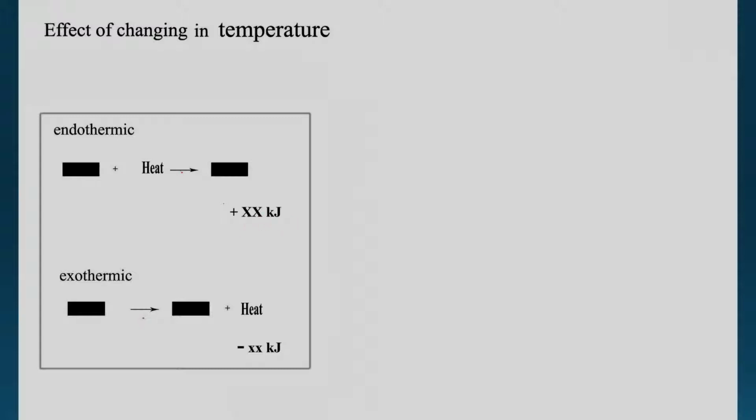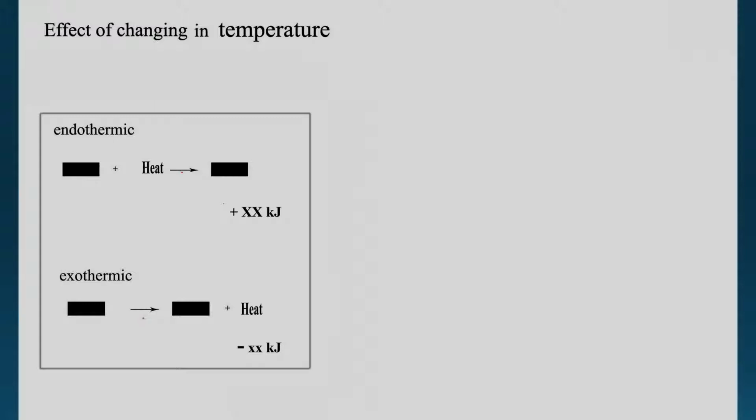Exothermic is when you release heat. So something will become something, and the heat released is written after the arrow, so the sign is minus kilojoules. That's the way you write exothermic. Please remember this as your background.